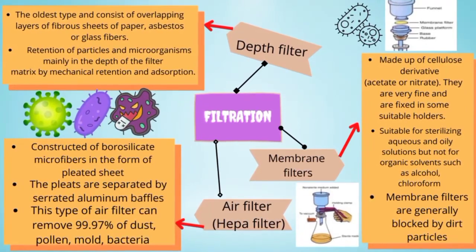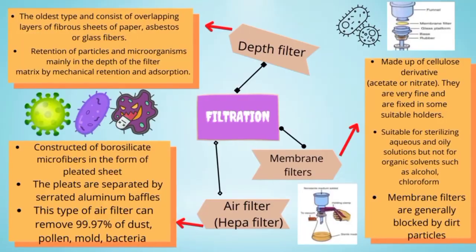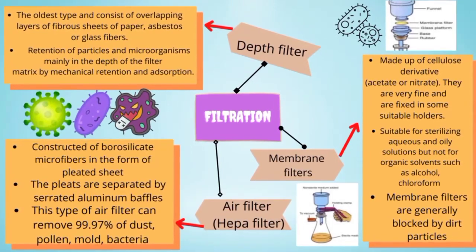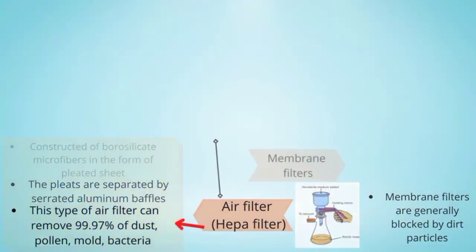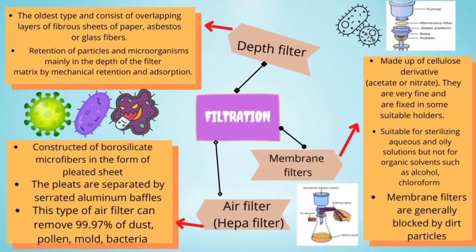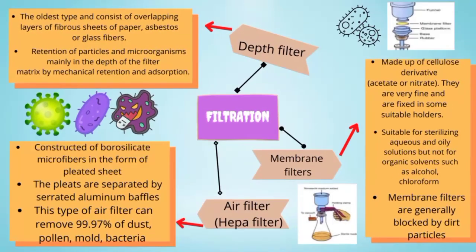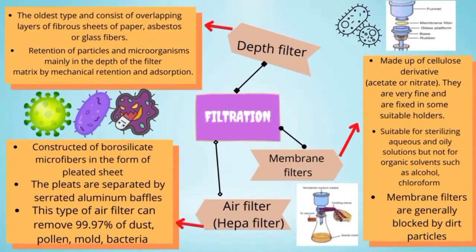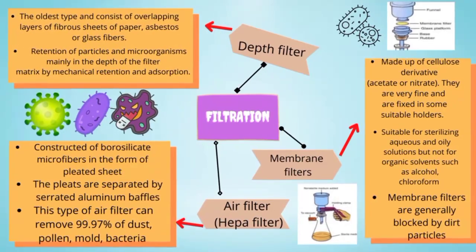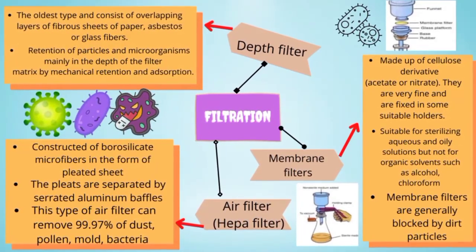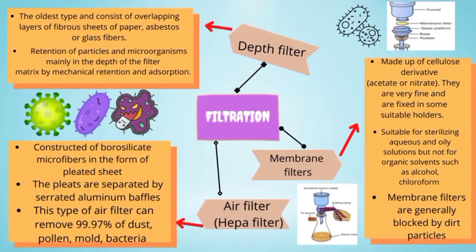The pleats are separated by serrated aluminum wafers with direct airflow through the filter. This type of air filter can remove 99.97% of dust, pollen, mold, bacteria, and any airborne particles with a size of 0.3 micrometers.